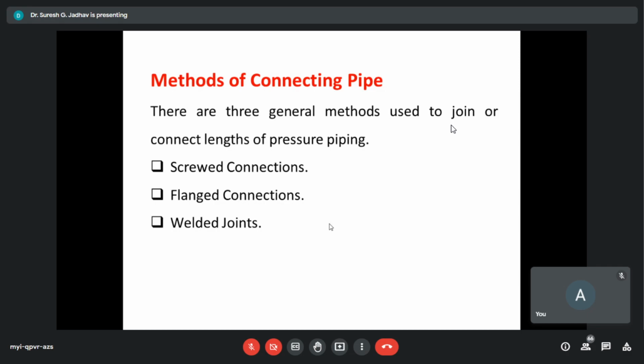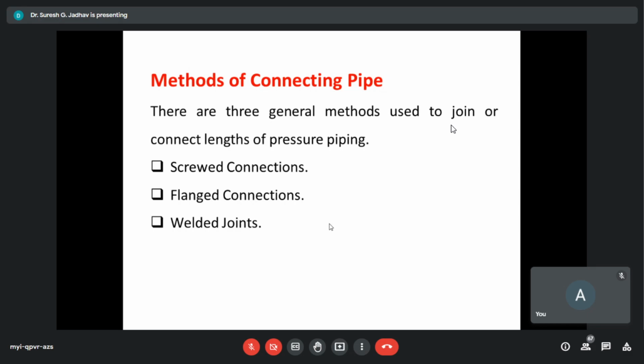See, this is the purpose. It has the advantage that the piping can be easily disassembled or assembled with the help of screw connections.